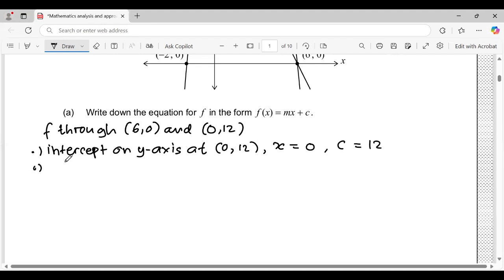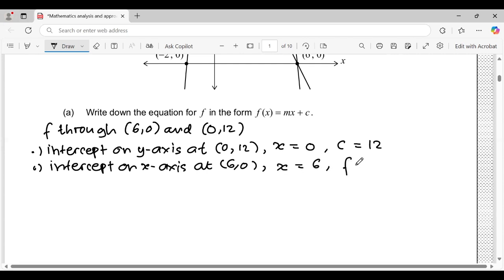The second, the intercept on the x-axis is at (6, 0). An intercept point on the x-axis means y equals 0 and x equals 6. If y equals 0, it means f(x) equals 0.